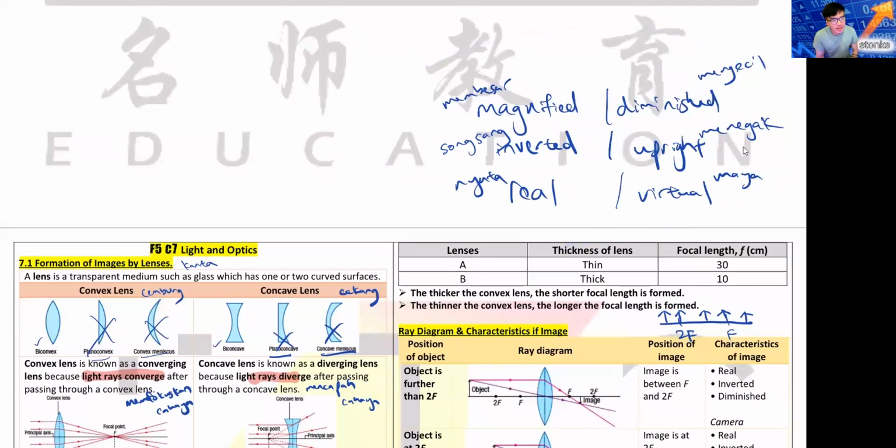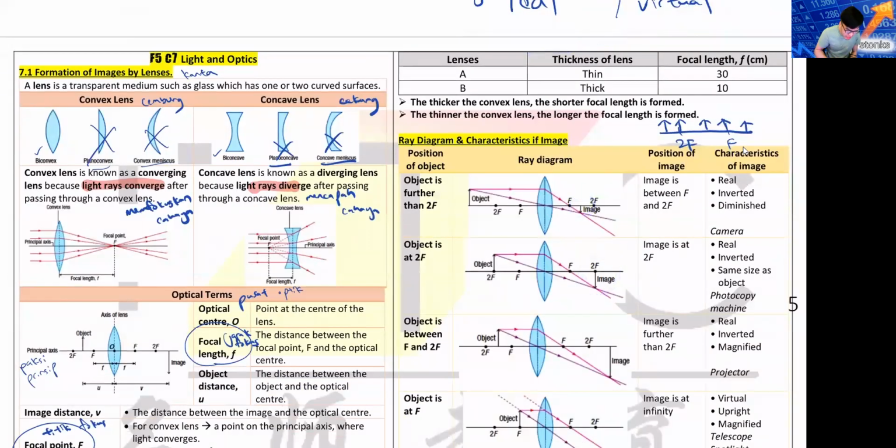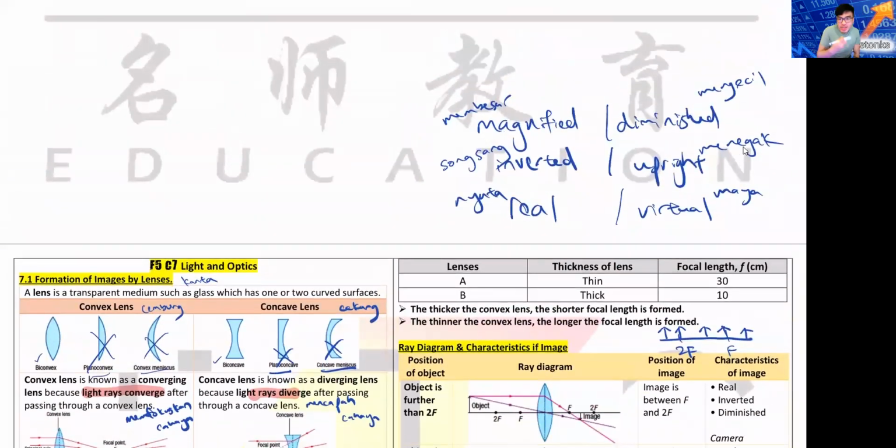Let me explain this again if you forgot. Very easy. These are to describe your image. What we are trying to describe is our image. What image do you see? If your image becomes bigger than your object, it's magnified. Magnifying glass, membesar. BM is easier lah.